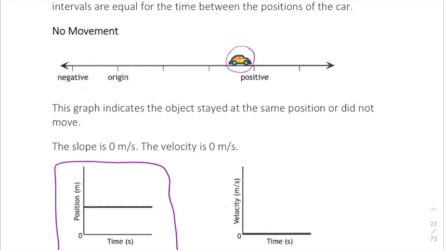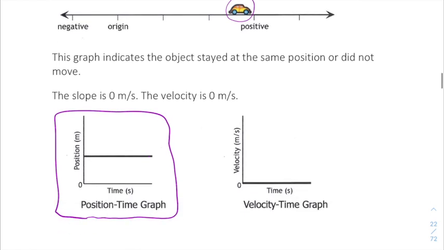Then for every time interval, whenever we look at this car over multiple times, it's always in the same place. So it's always the same distance along the position line of the graph. And that means that the car has a slope of 0.